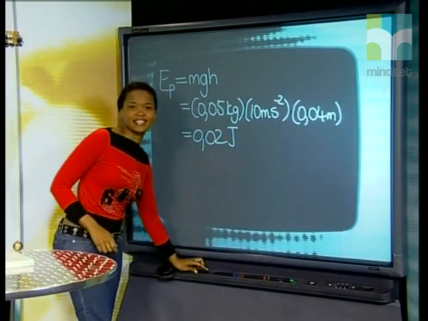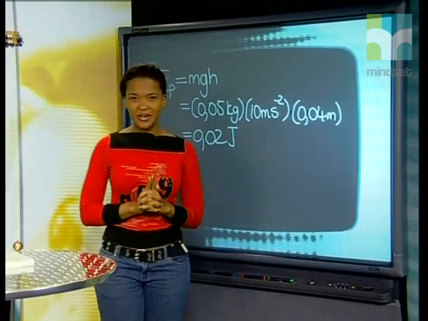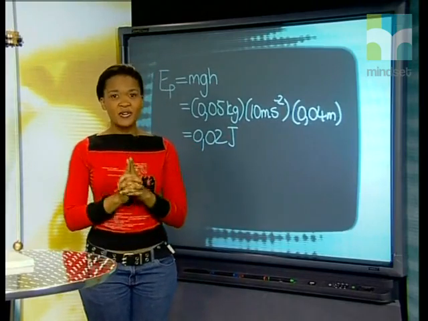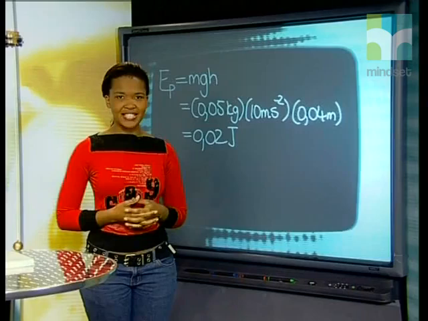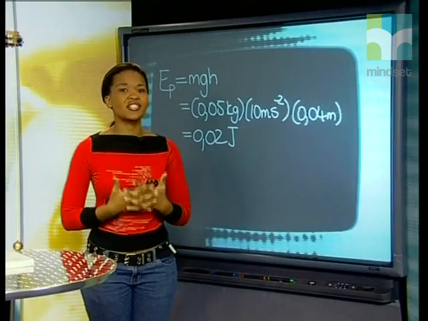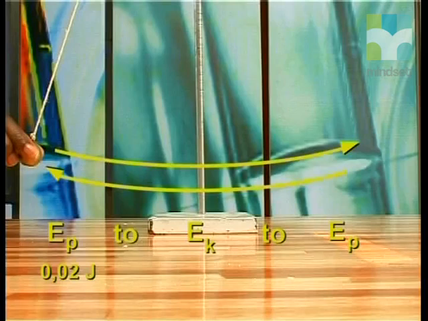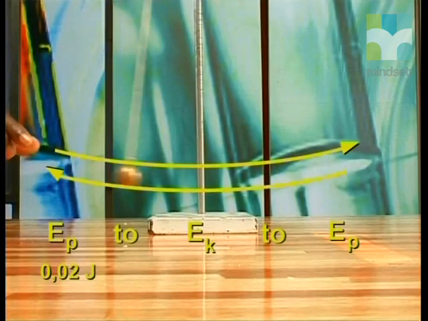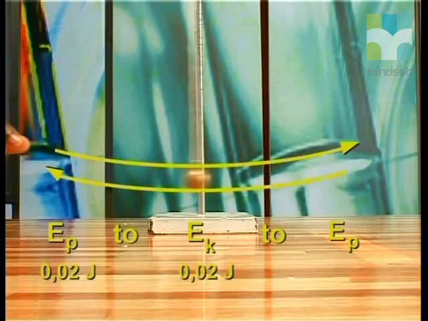Using my calculator, I find that the pendulum bob's energy is increased by 0,02 joule due to the work done in lifting it against a gravitational field. We can say the bob has 0,02 joules more stored energy at the top of the swing compared to the bottom. When the bob is released, the stored energy is converted into kinetic energy.